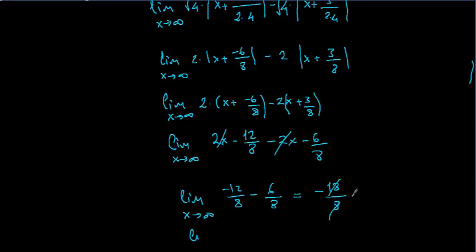I didn't simplify earlier because I wanted the common denominator here. And minus 18 over 8 is equal to minus 9 over 4.